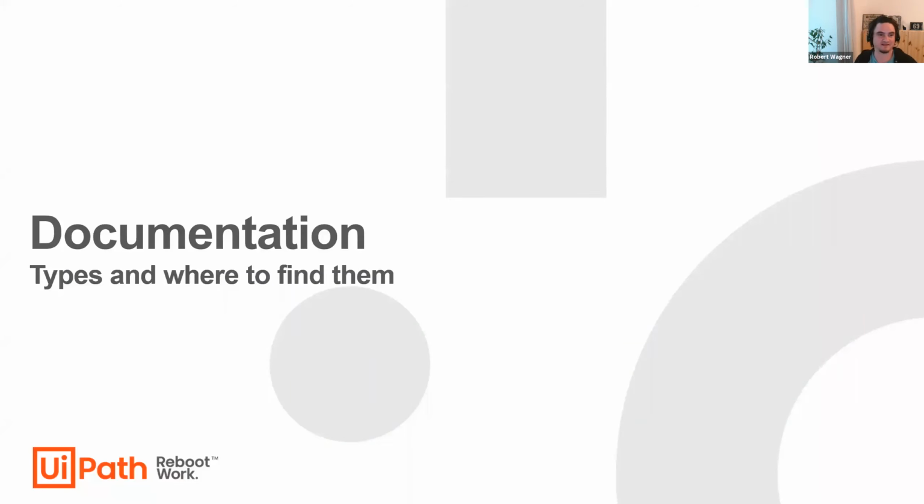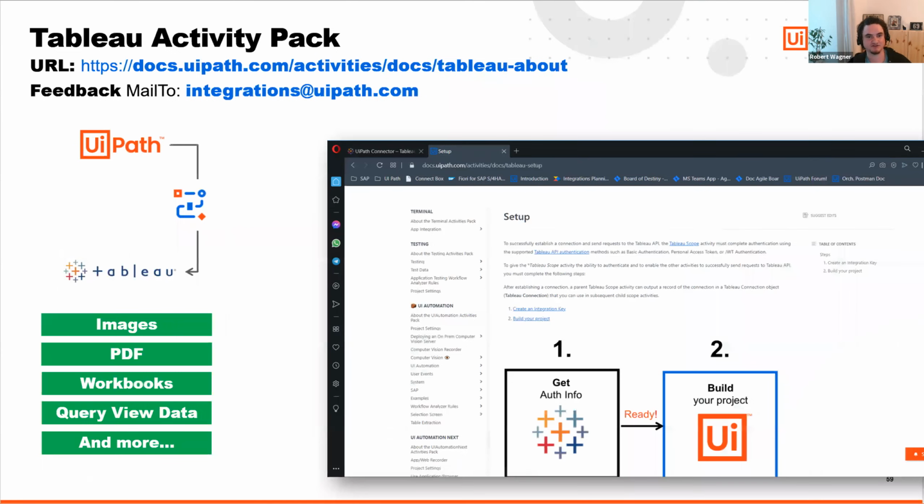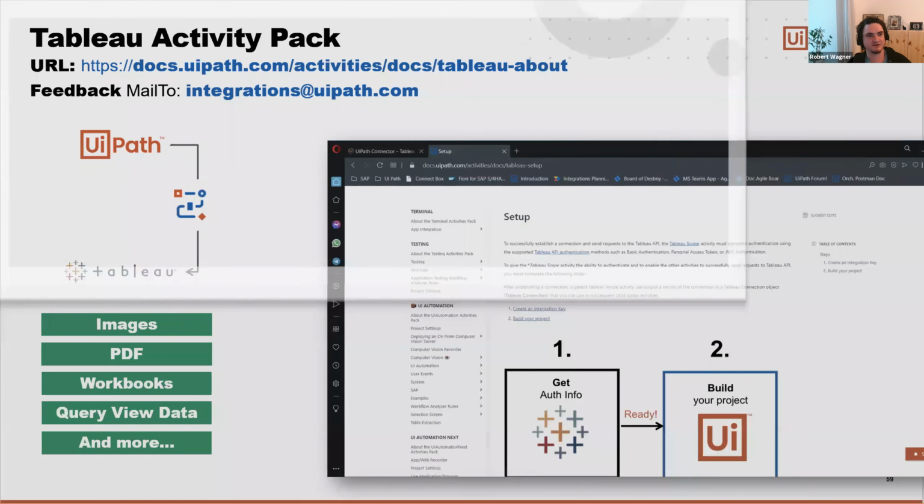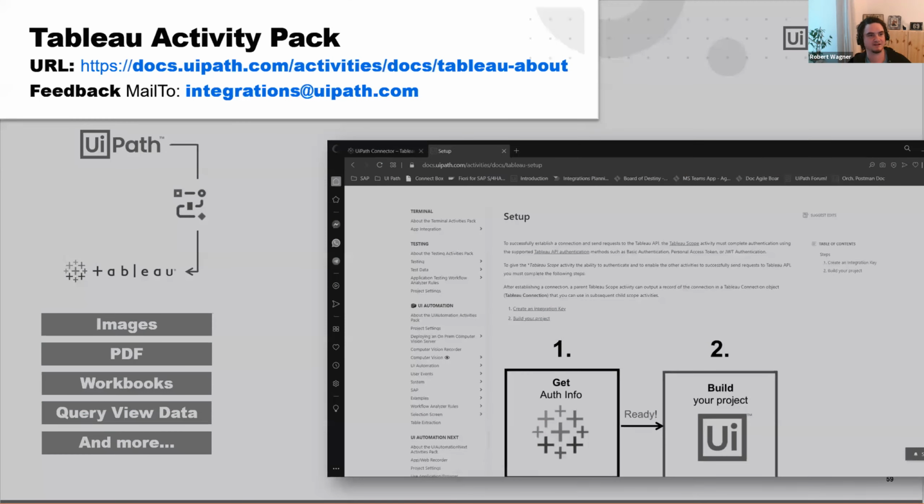So the second part is the how, where you can find the documentation for all of what I just showed. First of all, the activity pack is documented in our UiPath docs under activities. If you have feedback or whatsoever, please reach out to integrations@uipath.com.